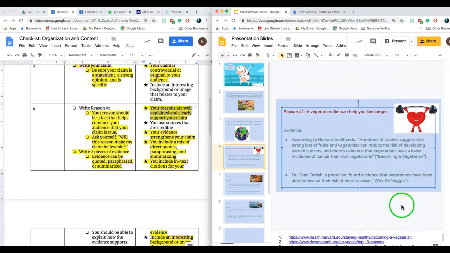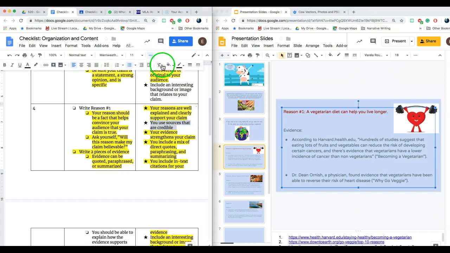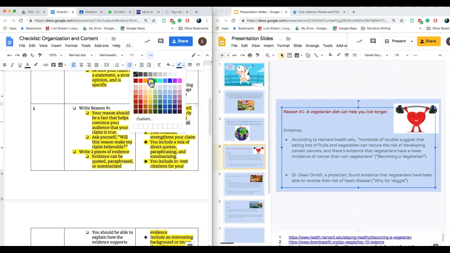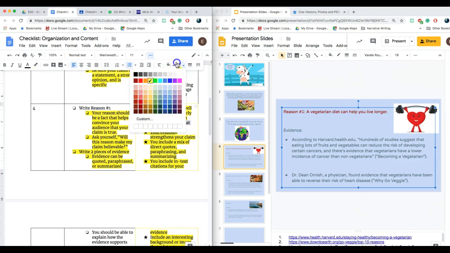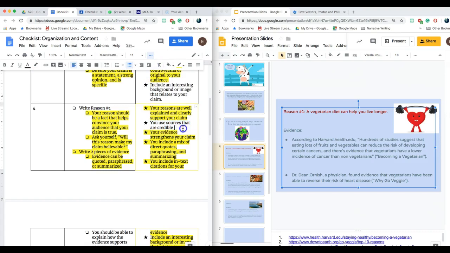I can't really say if it's the most credible source or not, but it definitely does pertain to my slide. So I'm going to go ahead and give myself yellow on this section as well. No, that doesn't want to make it yellow.